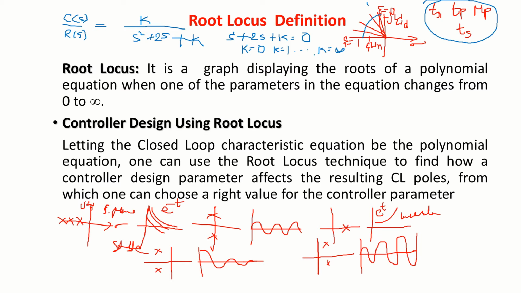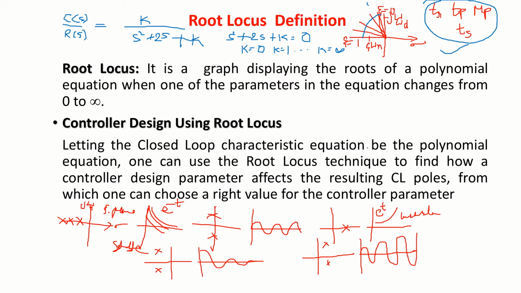So once I know choosing a particular K value, correct? So we can find the position of this closed loop where exactly we can achieve some of these transient response specifications. So that is the idea about this. So if we have a complex system, we can find out the right closed loop poles configuration, so that we can meet the transient response specifications. So that is the meaning.